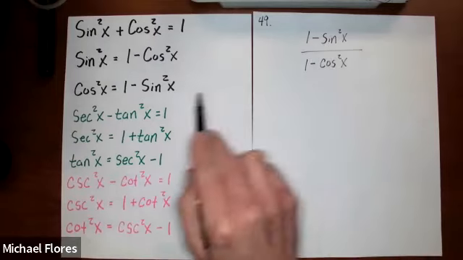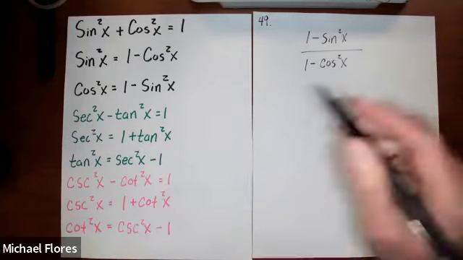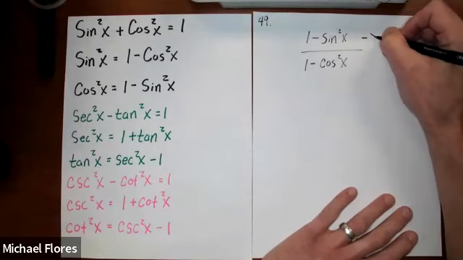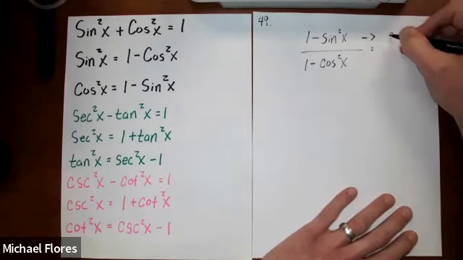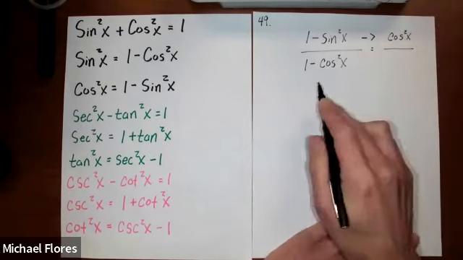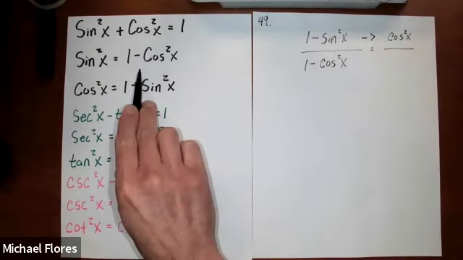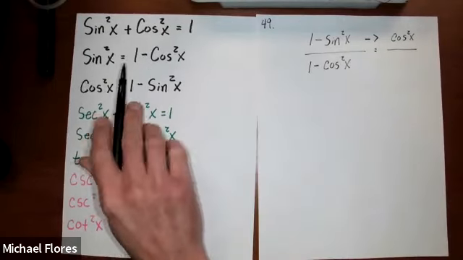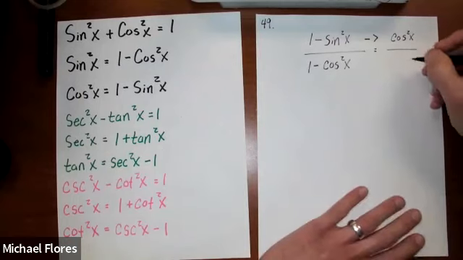One minus sine squared of x, same thing as cosine squared of x. One minus cosine squared of x, same thing as sine squared of x.